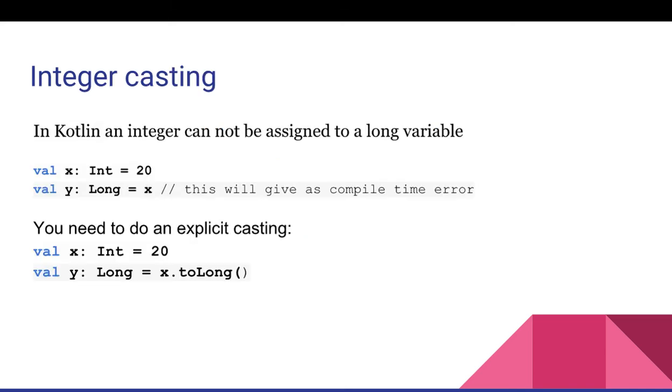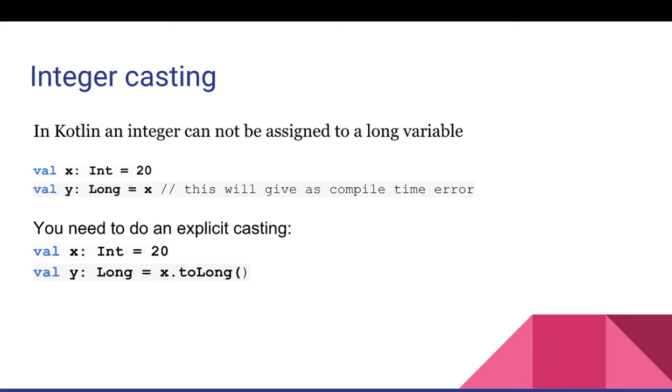Integer casting. In Kotlin, an integer cannot be assigned to a long variable. It is possible in Java, but it is not possible in Kotlin. Here we'll see an example. Here val x: Int equals 20, val y: Long equals x. This will give a compiler error, because it will not convert x to long.